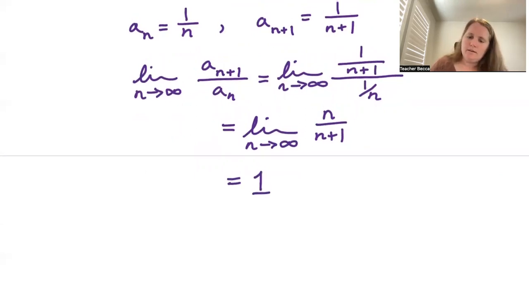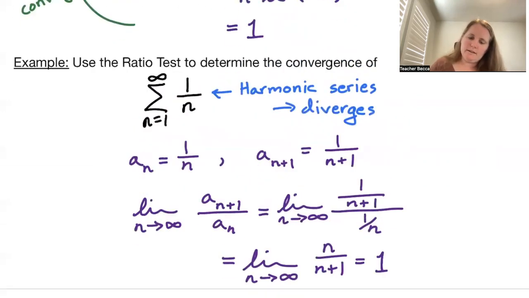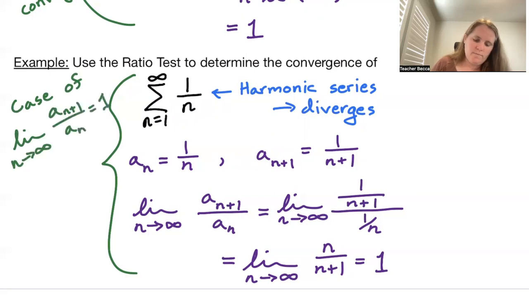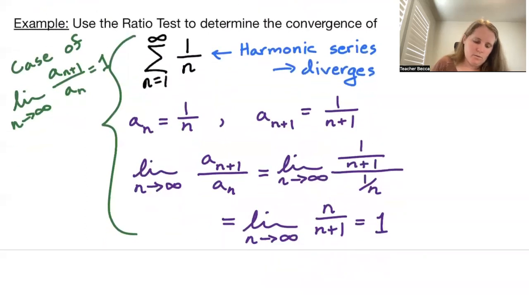So again, this one here is a case of the limit as n goes to infinity of a sub n plus 1 over a sub n equaling 1, where the series diverges.